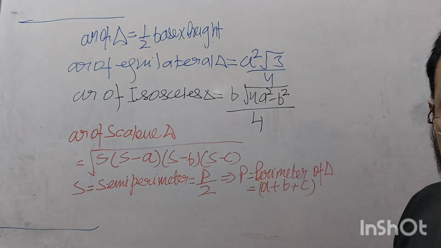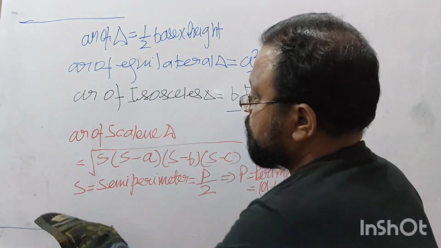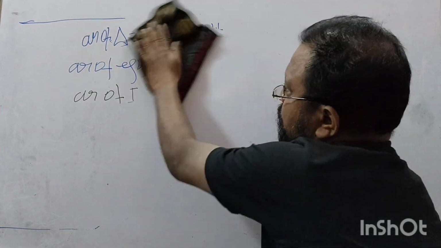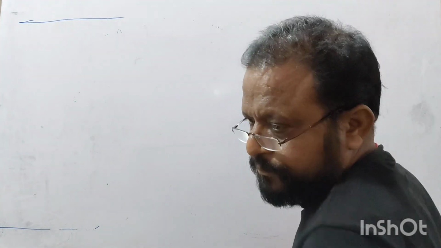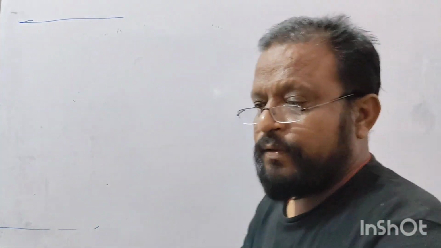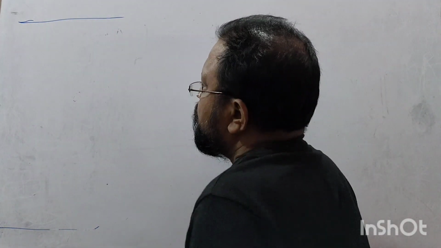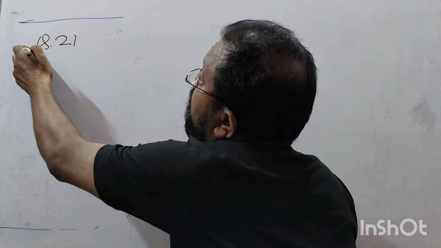Now, what is your question? Come to the last. In the figure given below, ABC is an equilateral triangle with each side. Question number 21, first part.